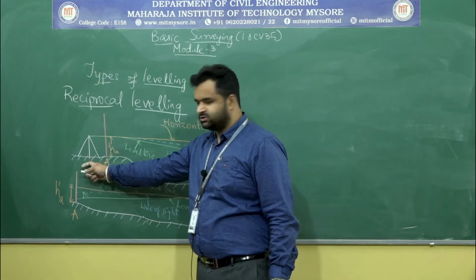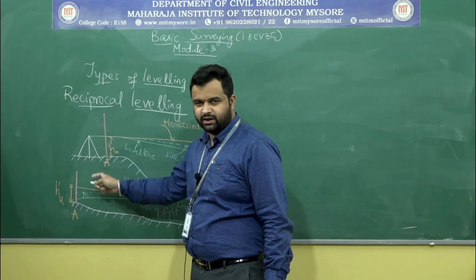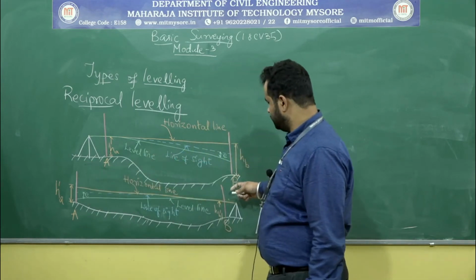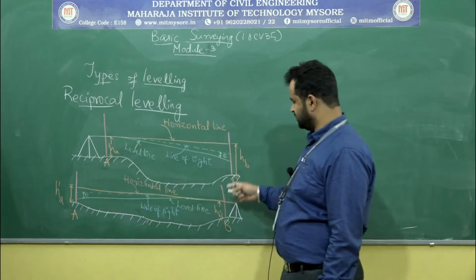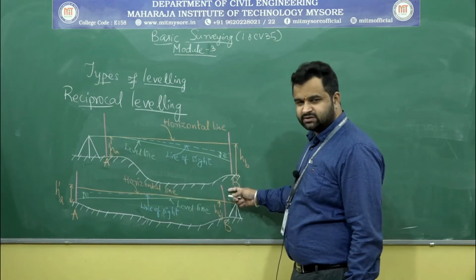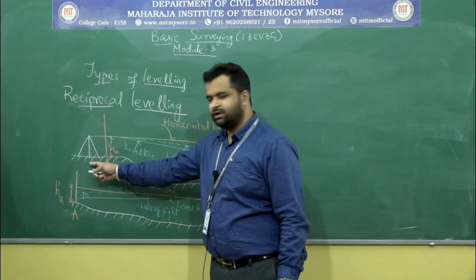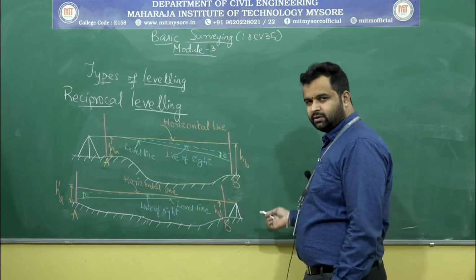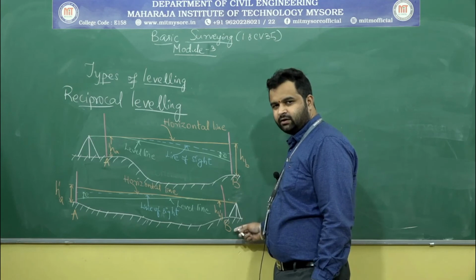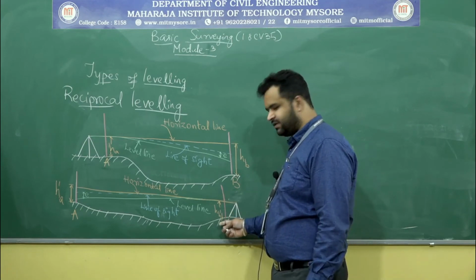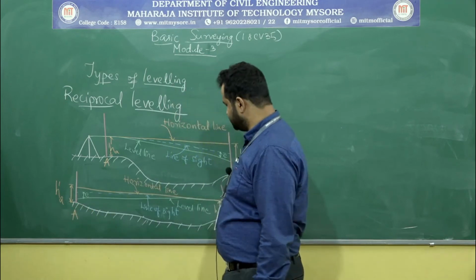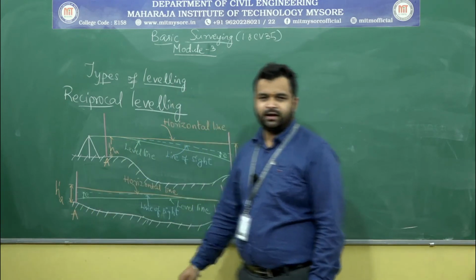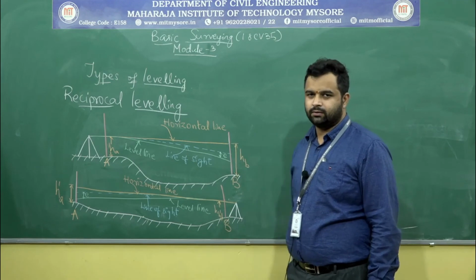Next, we have to set the instrument near point A and take a staff reading at A, then take a staff reading at B. The next step is to shift the instrument from A to B, take a staff reading near B, and also take a staff reading at A. If you observe, the distance between A and B is very long.